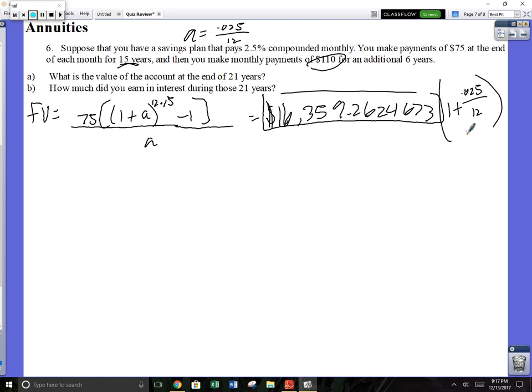So I'm going to use my traditional compound interest formula. And how long are we going to leave it there? We're going to leave it in for 6 more years. So I got to go 12 times 6. So if I take that, leave it in the bank for 6 years, compounding monthly, I am going to have that times 1 plus A to the 12 times 6.